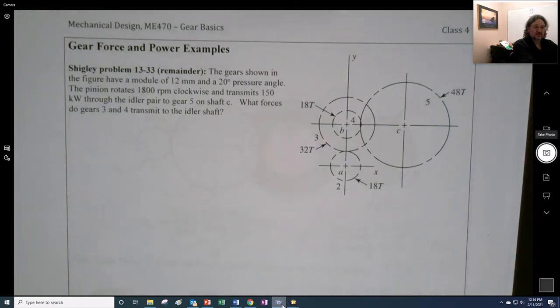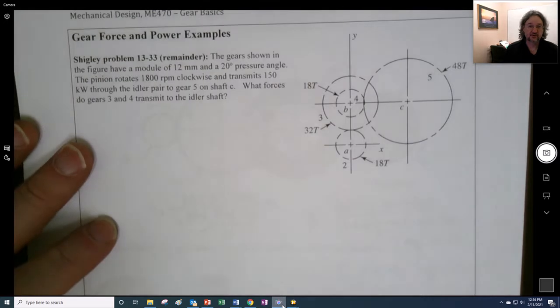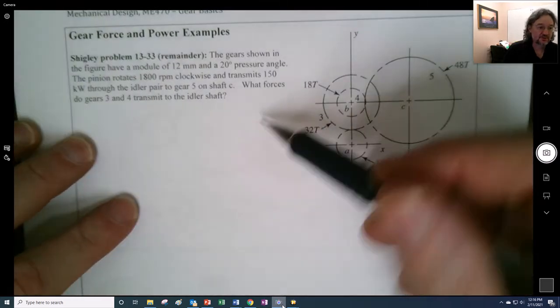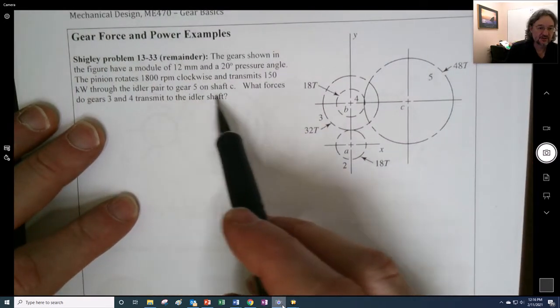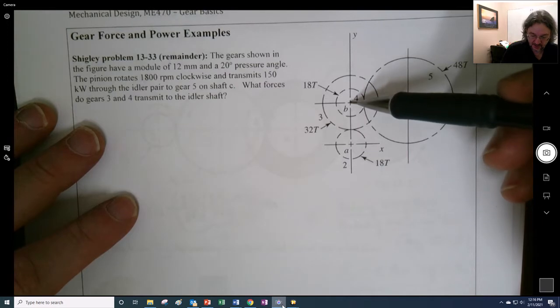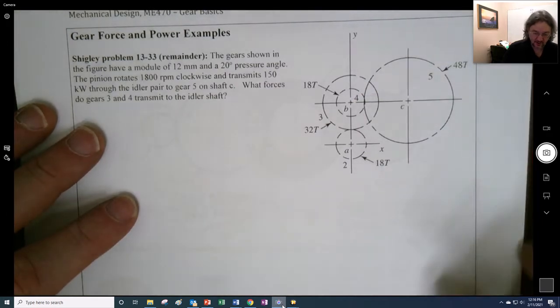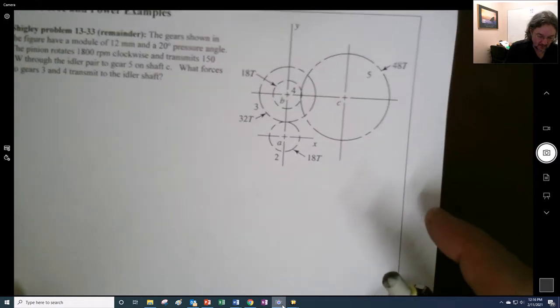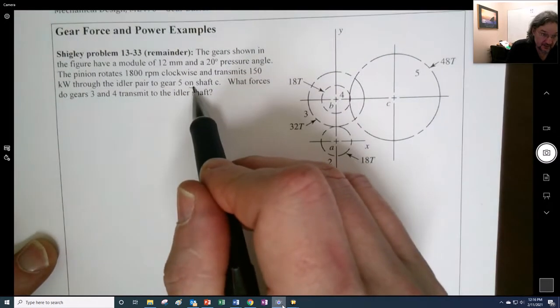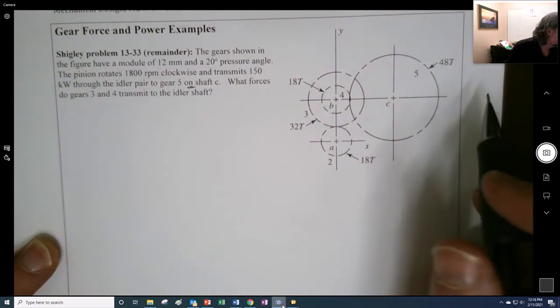So this is the remainder of problem 13-33. We said, what forces do gears 3 and 4 transmit to their idler shaft? So there's a shaft right here, and we want to know what the forces are acting on the shaft. That's the operative word.